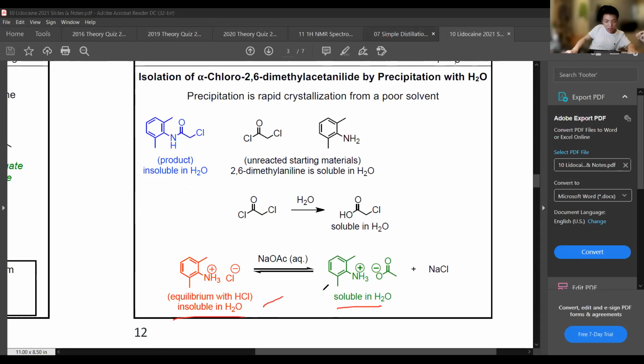That's why we add sodium acetate. That is the main reason.